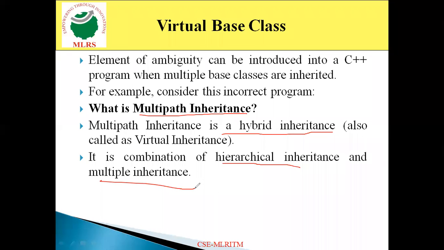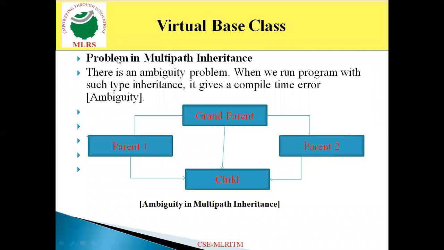When we do like this, automatically there exists a multipath. When there exists a multipath, then definitely from different paths we will get the same elements multiple times. When we get the same elements multiple times, the ambiguity situation will arise.